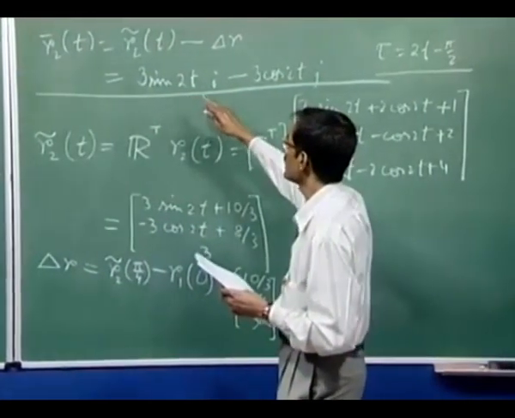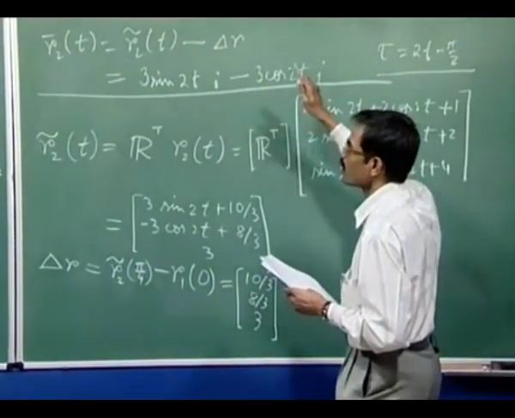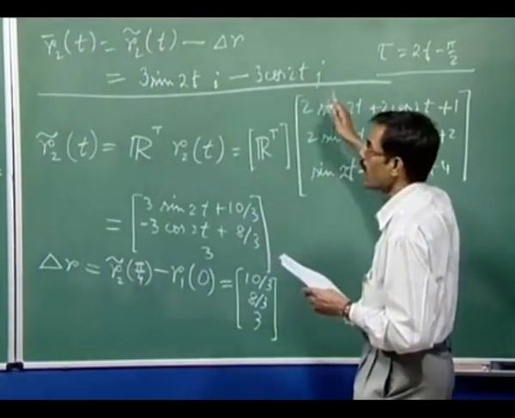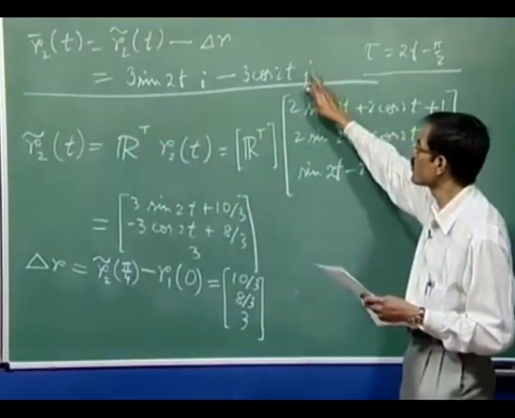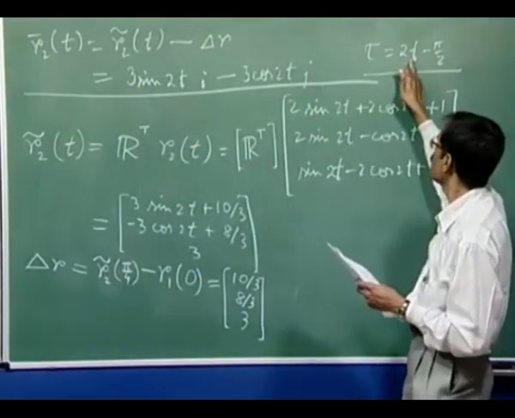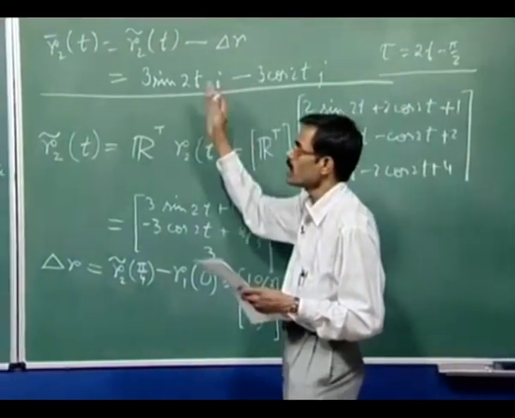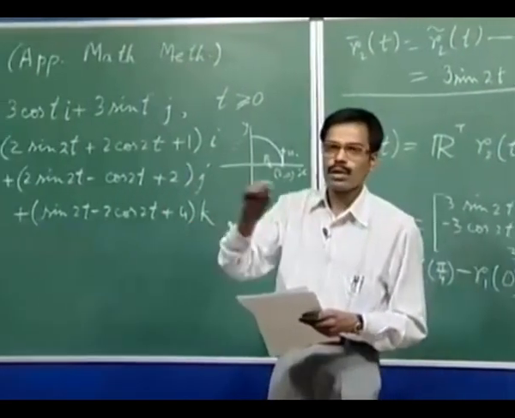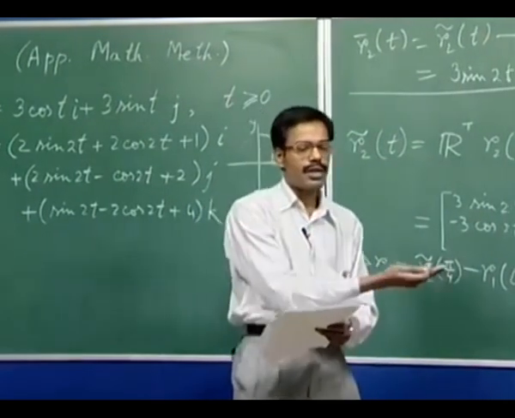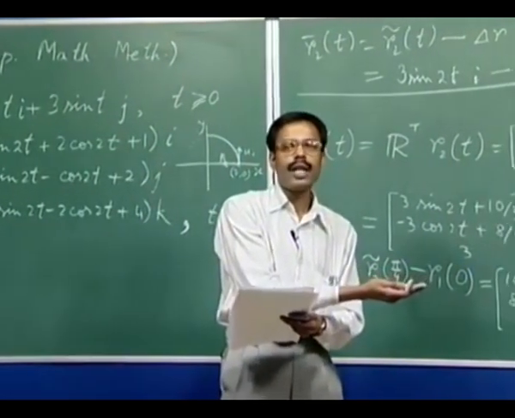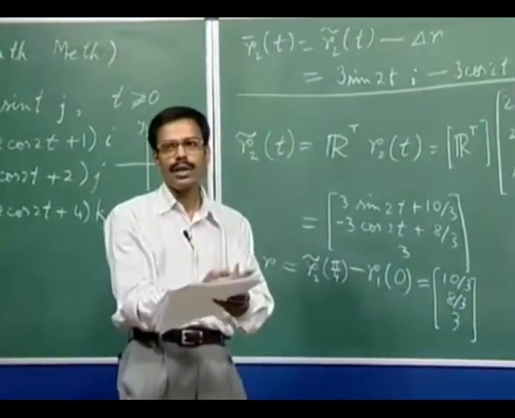With tau as 2t minus pi by 2, you will get 3 cos tau i plus 3 sin tau j, and that will also transform the starting point. In the first curve the starting point was 0, in the second curve till this point the starting point is pi by 4. When you put that pi by 4 here, you will find that the starting point of tau will be 0. So that way you will find that through these changes, rotation to make the Serret-Frenet frames of the two curves parallel, then translation to make them merge at the initial point, and then reparameterization will show that the two curves exactly have the same equation.